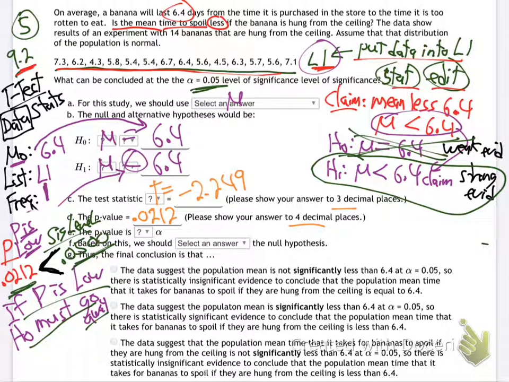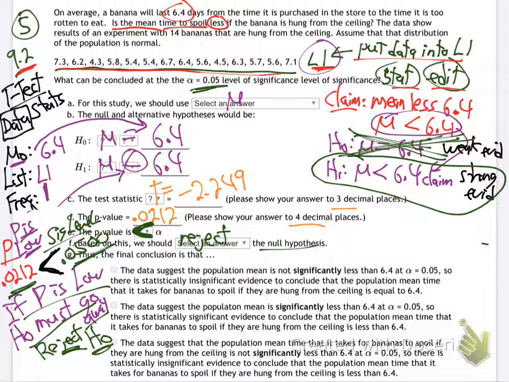Bye-bye null. So we are rejecting the null. Crossing out the null. This p-value was less than alpha, and so we reject the null.